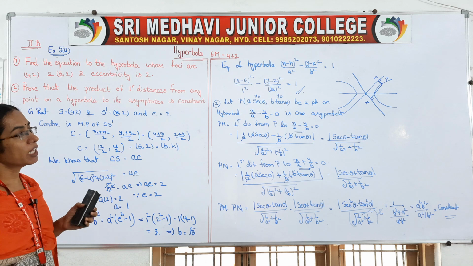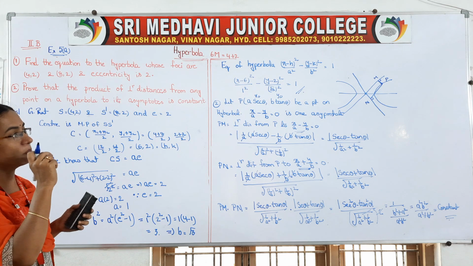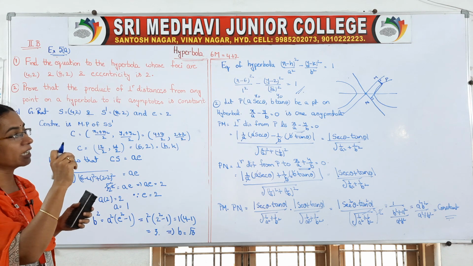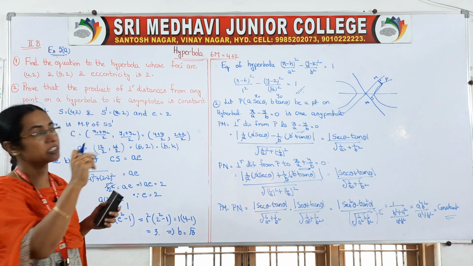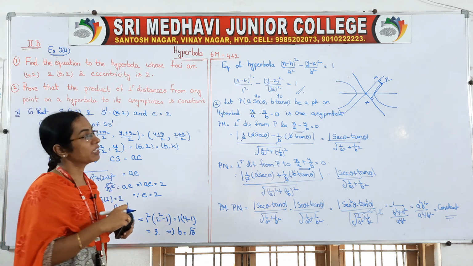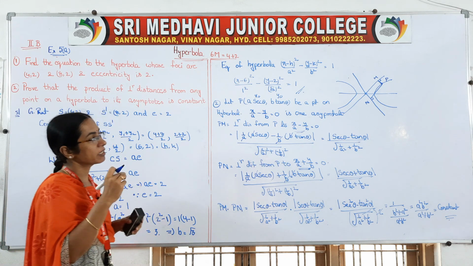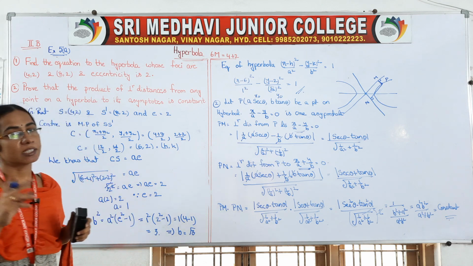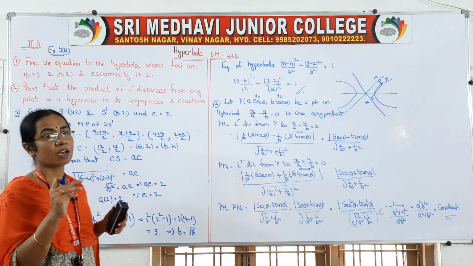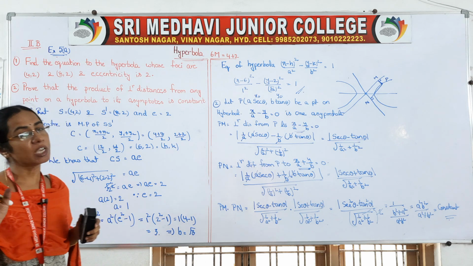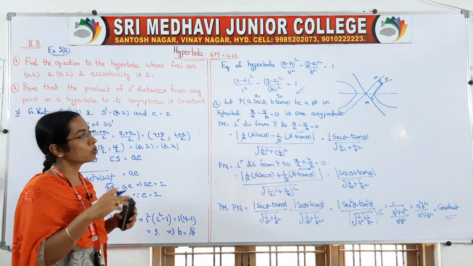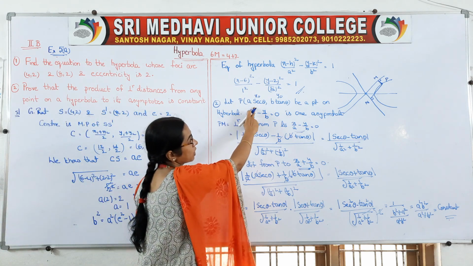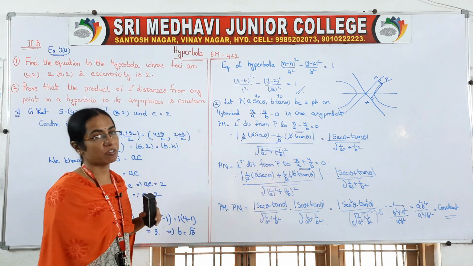Okay, so you take one point on the hyperbola. Actually, here I have taken parametric equations as a point with respect to the hyperbola. x is equal to a secant theta, y is equal to b tan theta are called parametric equations of the hyperbola, right. So we have taken the point with respect to parametric equations.